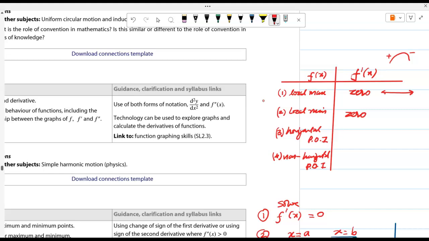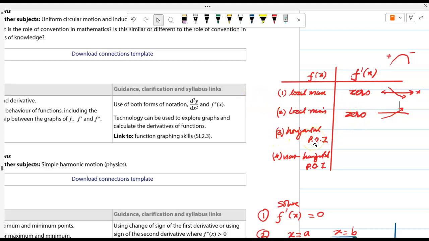If you have a local max, your derivative goes from positive to negative. It will cut like this. Local min would be negative to positive. So you always interpret from left to right. So this is how the graph will cut.